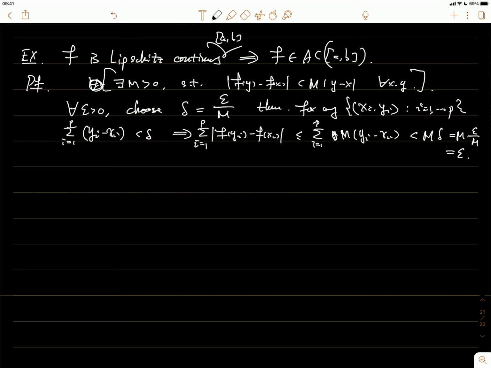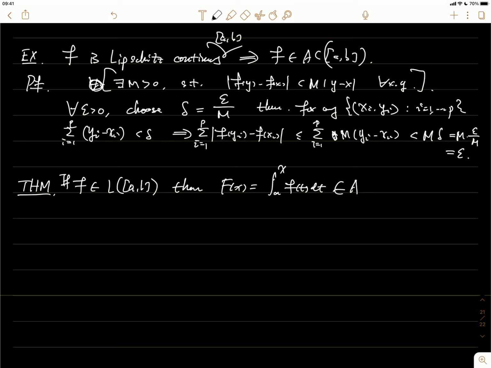Now I think we have almost finished the preparation for the major results. Actually, we have a series of results. The first one is that if f is Lebesgue integrable, then we define capital F to be the integral of f, and this is in AC, absolutely continuous.